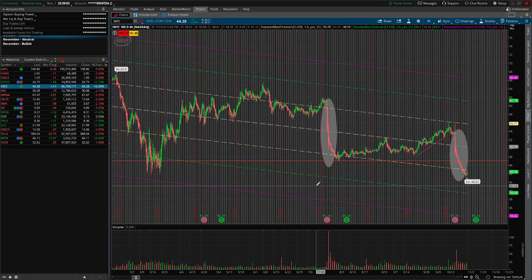It does look like it's going to bounce. I don't think it'll be a strong bounce by any means, but I believe it's going to do exactly what it did last time. You see this right here. It's going to do that, in my opinion.